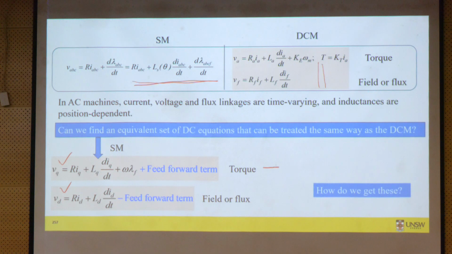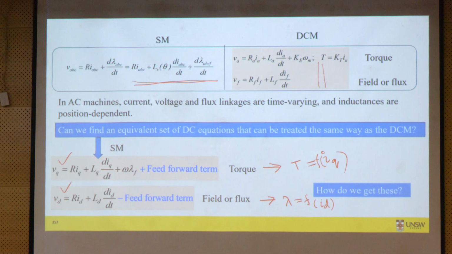And the torque equation, when we use the DQ model, also becomes a function of the IQ current. And the flux linkage becomes a function of the ID current.